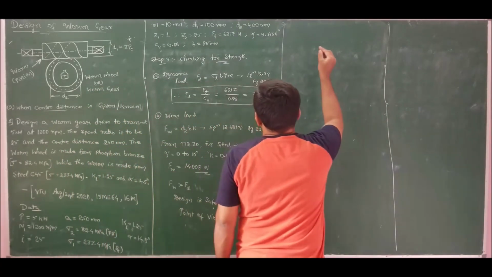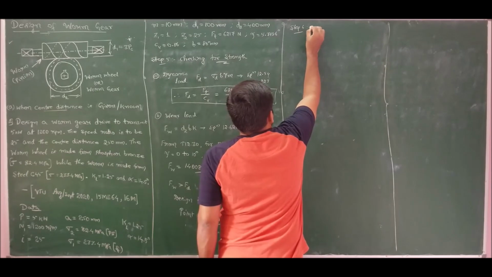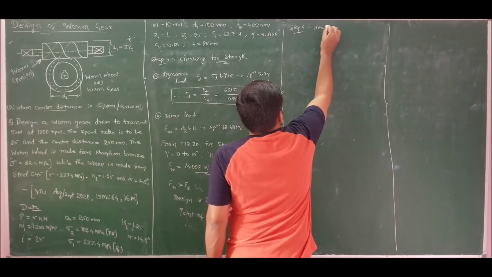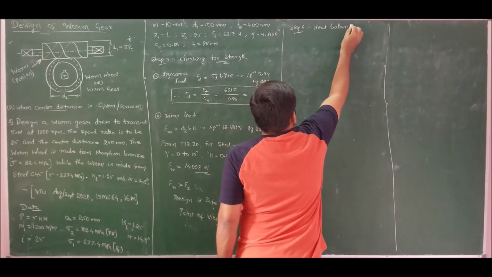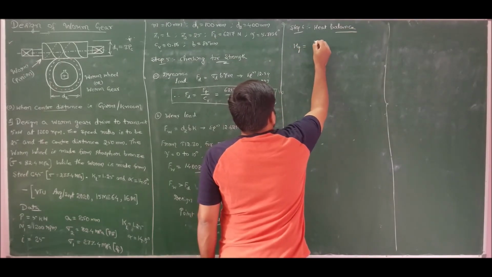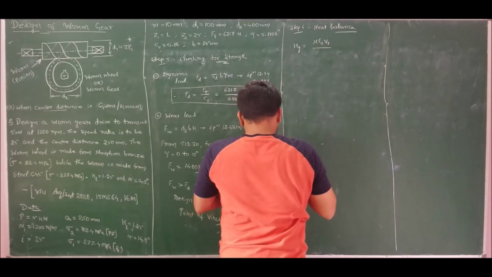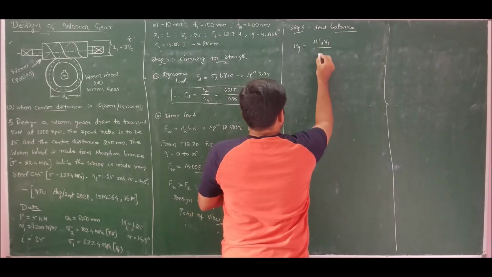Now moving for the final step, that is heat balance. Moving for step 6, that is heat balance. Heat generated is given by mu Fn rubbing velocity by cos gamma.